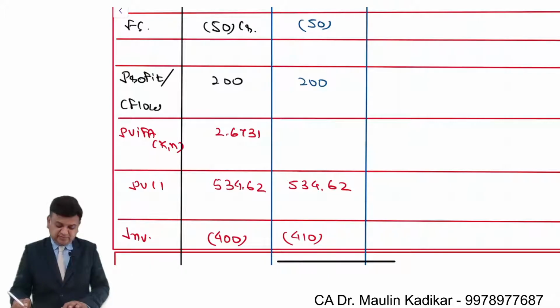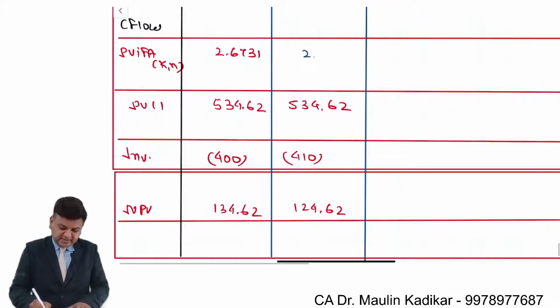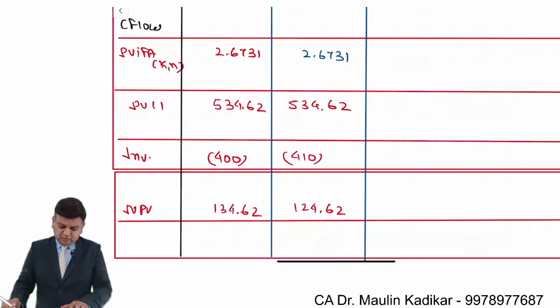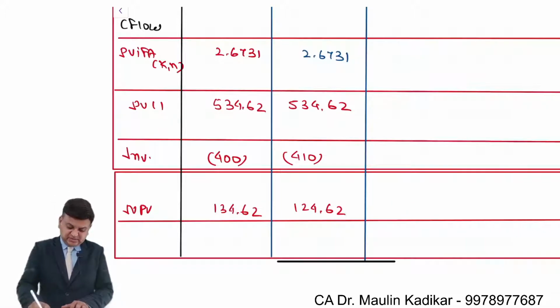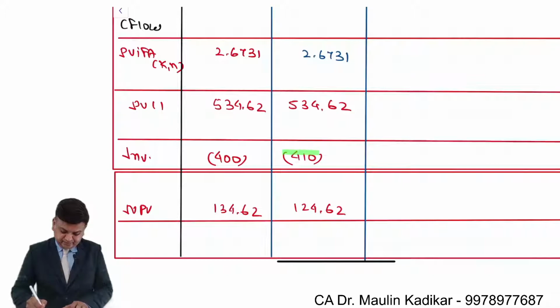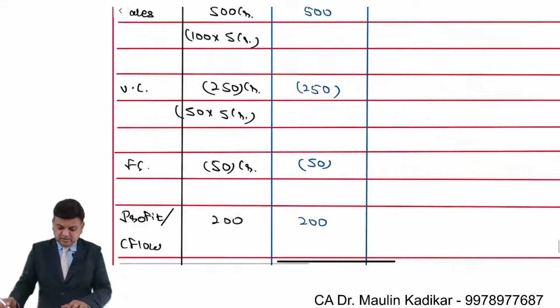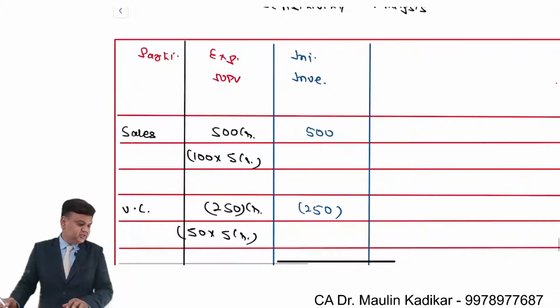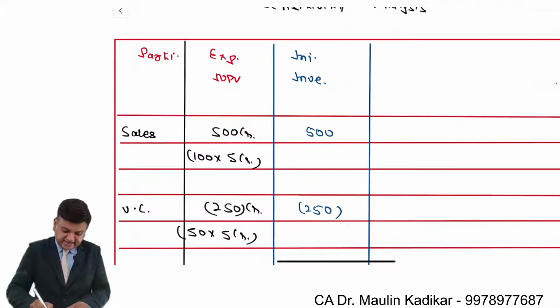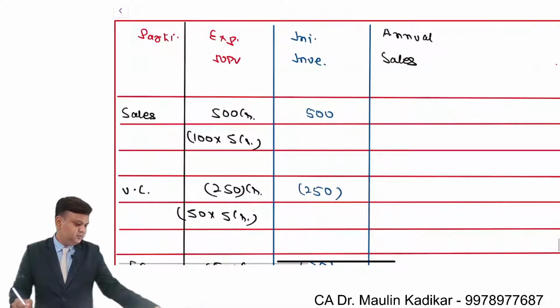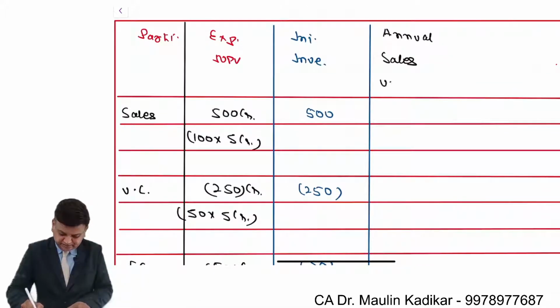The profit is going to remain same, annuity factor is going to remain same, only the investment is going to increase. After initial investment, I am writing the annual sales in terms of number of units.